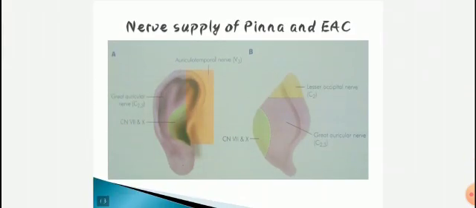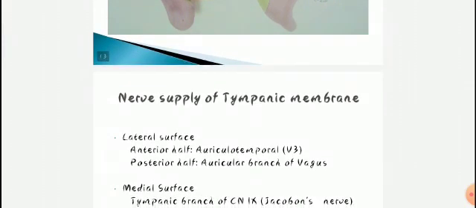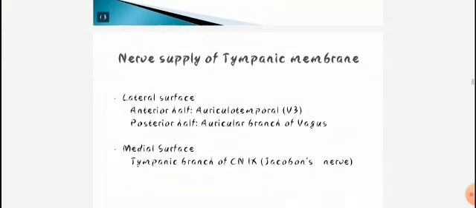Now, nerve supply is mainly from auriculotemporal nerve and cranial nerves 7th and 8th. Tympanic membrane lateral surface gets its nerve supply from auriculotemporal nerve anteriorly and posteriorly auricular branch of vagus, and middle ear gets its nerve supply by Jacobson's nerve.